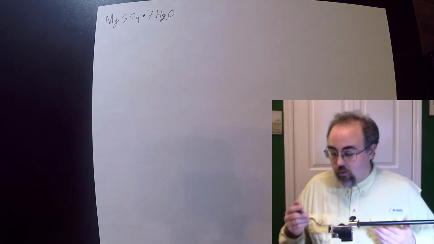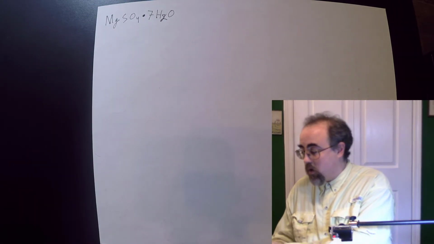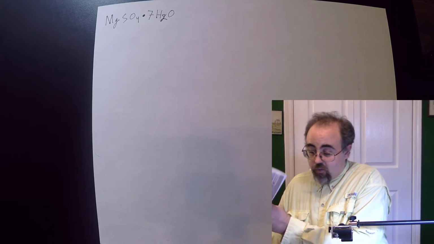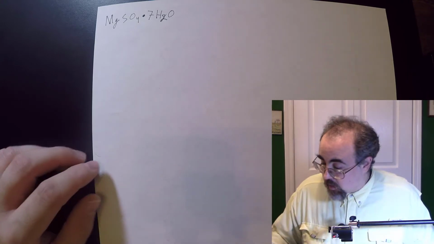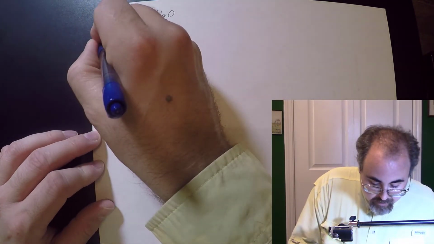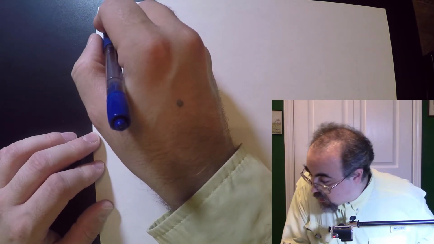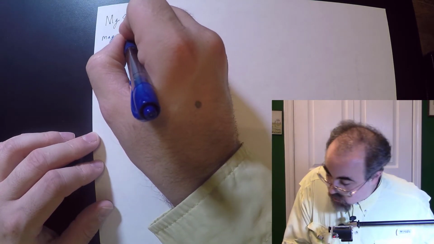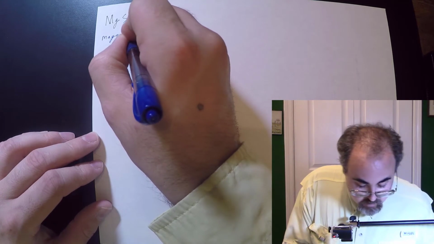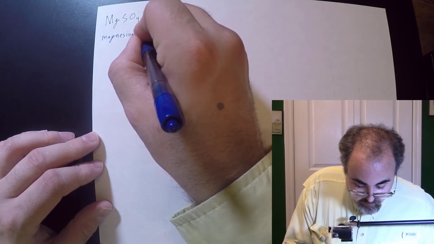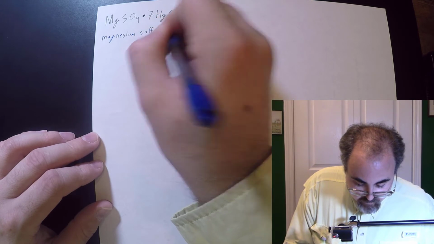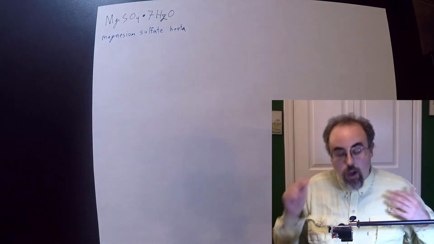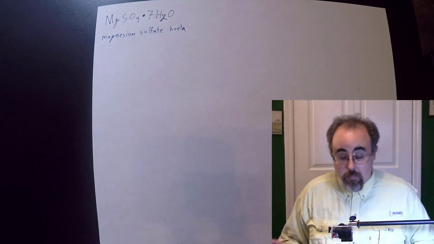And in this case, what I'm going to do is name this just like I would normally. And spoilers, already gave you the name for this. But for this one, what I'm going to do is name him like normal, magnesium sulfate. Now, I am going to tell you how many waters are in this, because this can be any number.